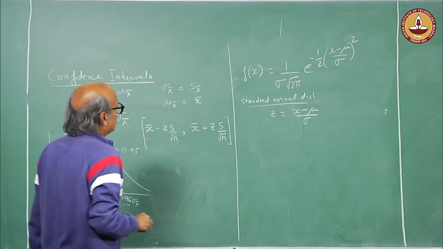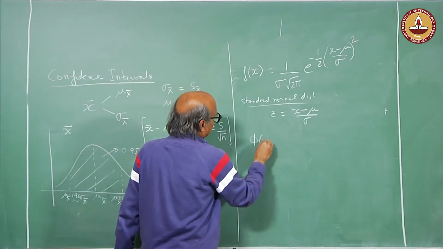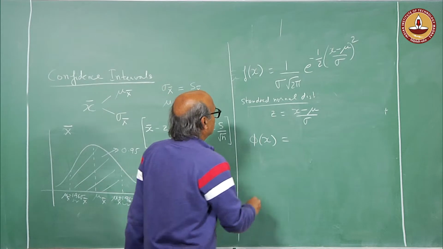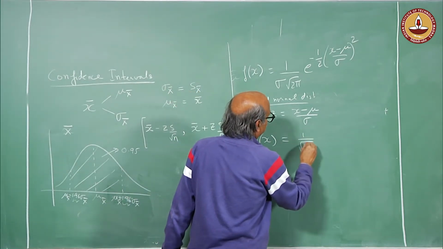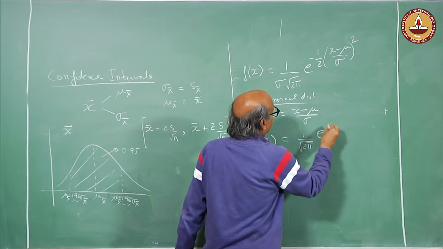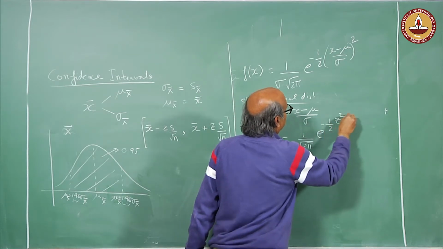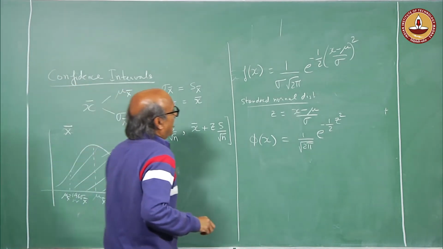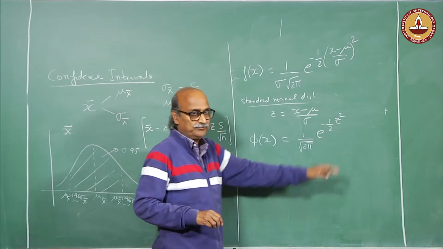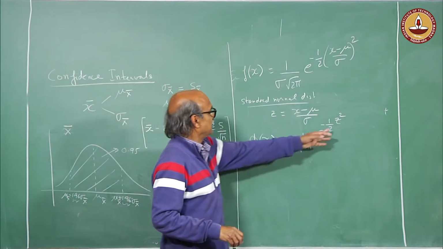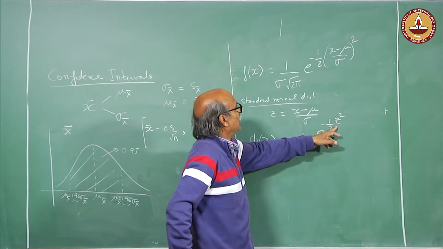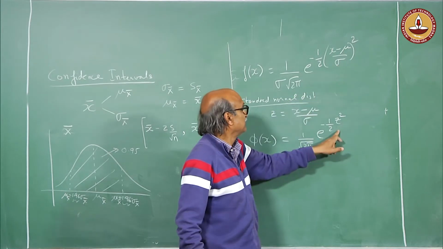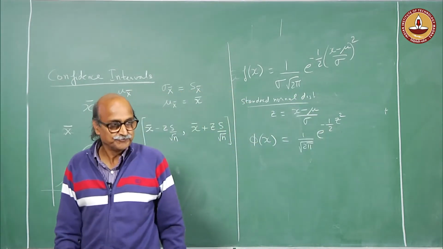Then the density function phi of x for the standard normal distribution is simply one upon square root of 2 pi e to the power minus half z square, which essentially means that you have 0 mean if I put 0 here, and if I put standard deviation 1, then you will be left with this.